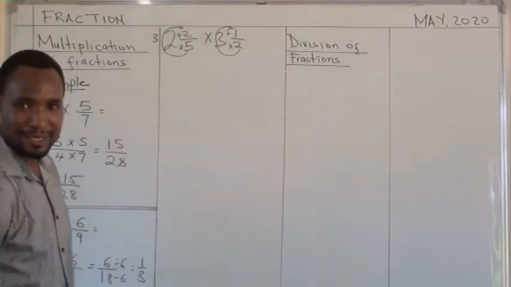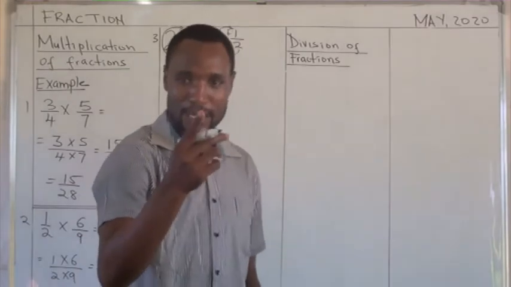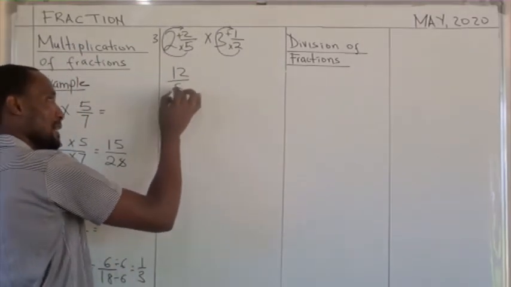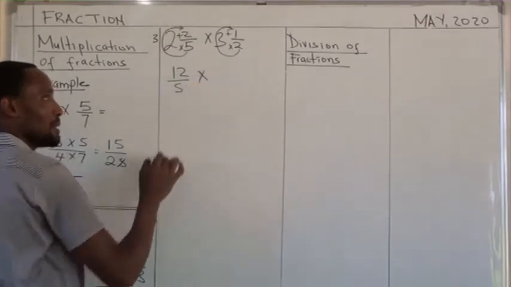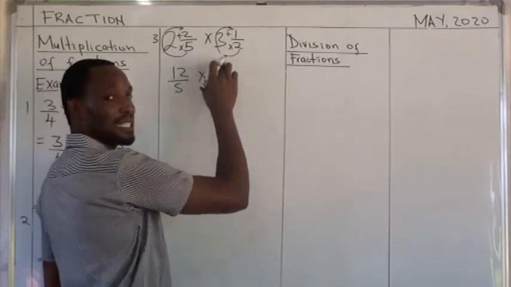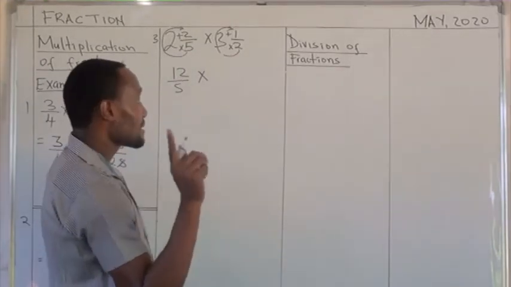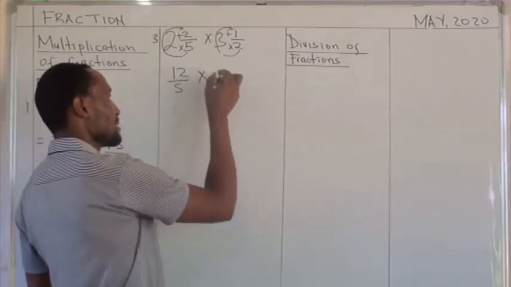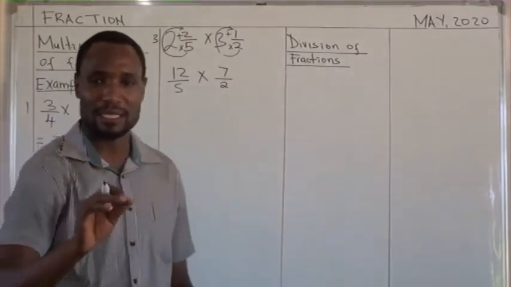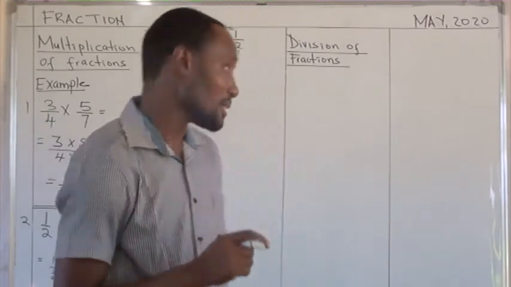Very simple mathematics. 5 times 2 is 10, plus 2 is 12. So you have 12 over 5. Correct? Then 2 times 3 is 6, 6 plus 1 is 7. So you have 7 over 2. You have changed that into an improper fraction. That's correct.